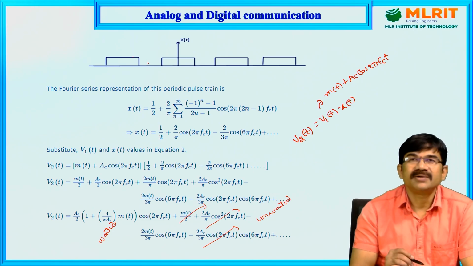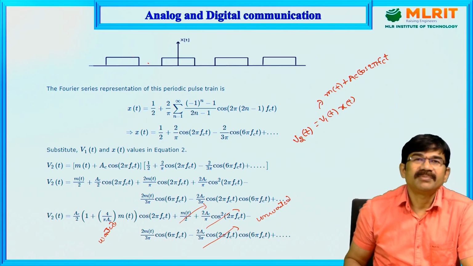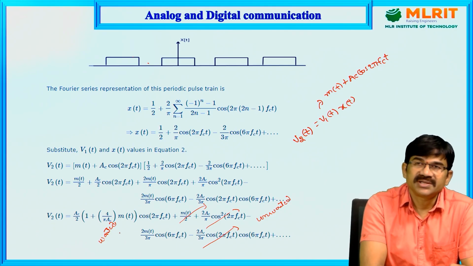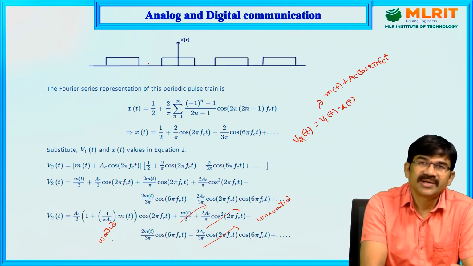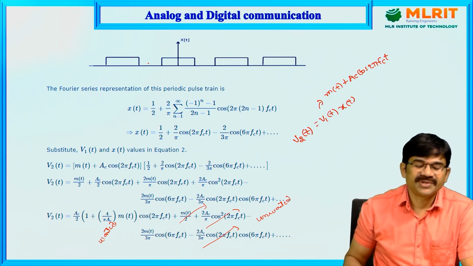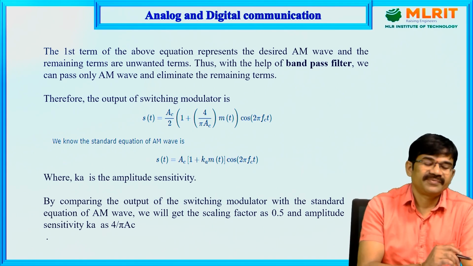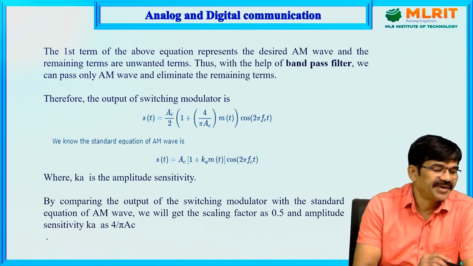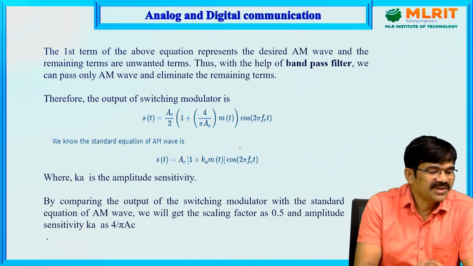These unwanted terms can be eliminated by using the band pass filter, so it is allowing only the desired signal. We are designing the band pass filter in such a way that it will allow only the desired signal to pass through it and it will not allow the other high frequency components. So with the help of the band pass filter, we can pass only the amplitude modulated wave and eliminate the remaining terms. So here it is similar to the original amplitude modulated wave Ac into 1 plus Ka m of t cos 2 pi fct.